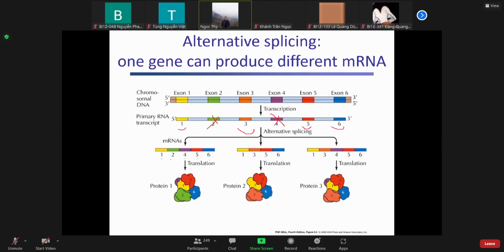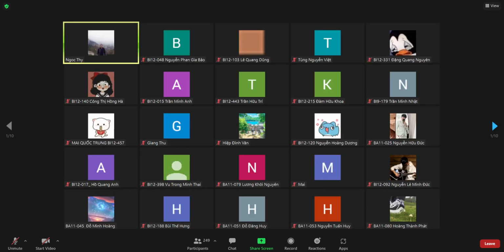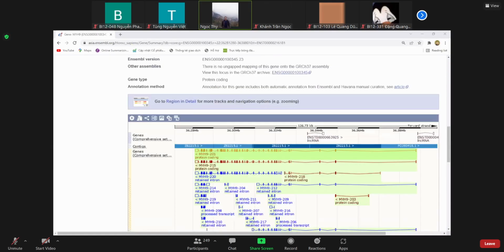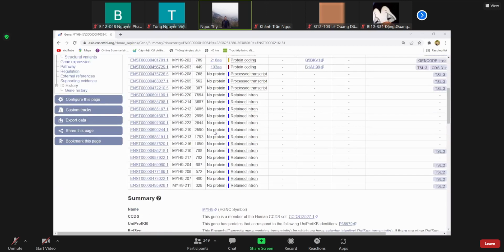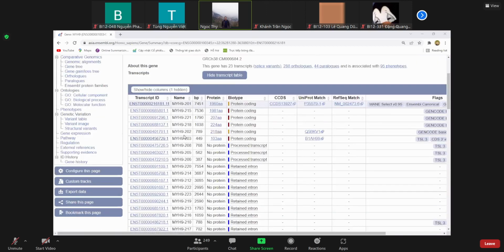So here we have different ways of splicing. Among the 6 transcript variants that encode for protein, the largest one is the 215 here.